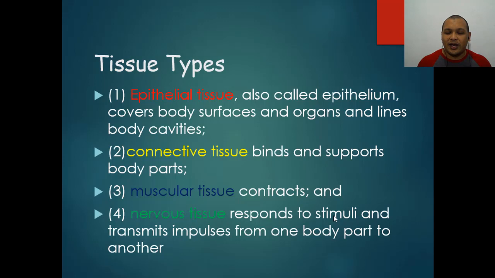So basically, even though our body seems so complicated, we have only four types of tissues: epithelial, connective, muscle, and nervous tissue. Now we'll see the details one by one.